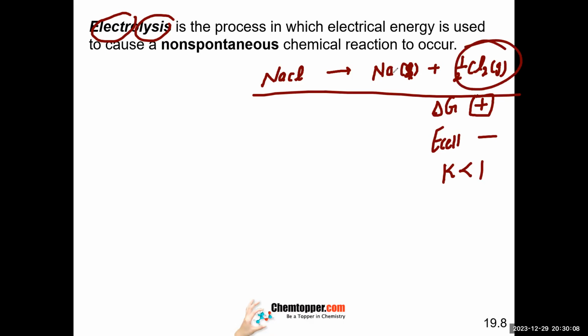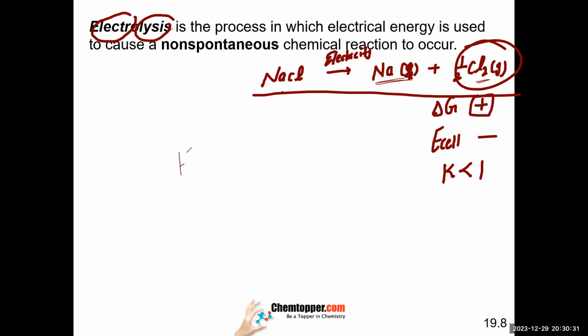How? We are using electrical supply. We are using electricity. And we are breaking down this NaCl into Na and Cl2. So this is called electrolysis of the NaCl.